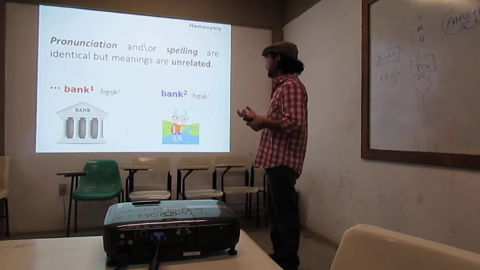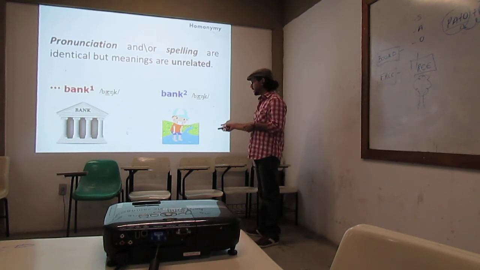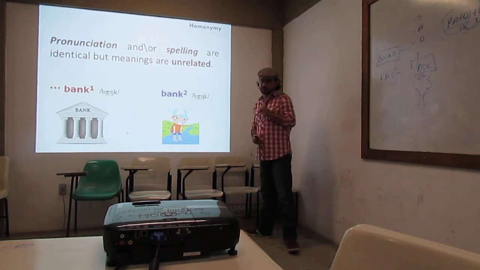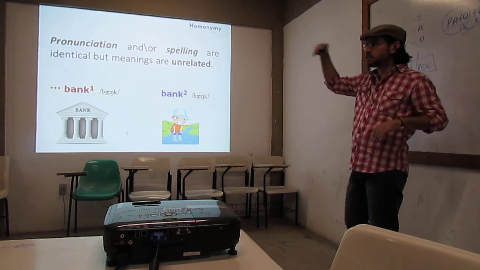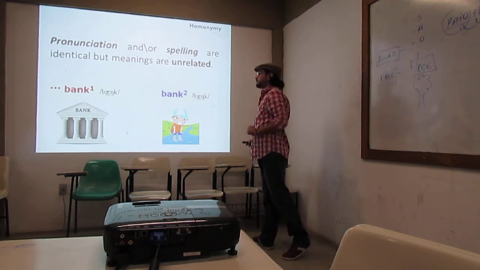A bank. But we have another meaning for bank, a second meaning. Like this part of the river, or in Portuguese, margem, do rio. It's a bank. The boy is at the bank of the river, for example. Agora está na margem do rio. Okay, in another situations too, another meanings too. But let's use those examples.